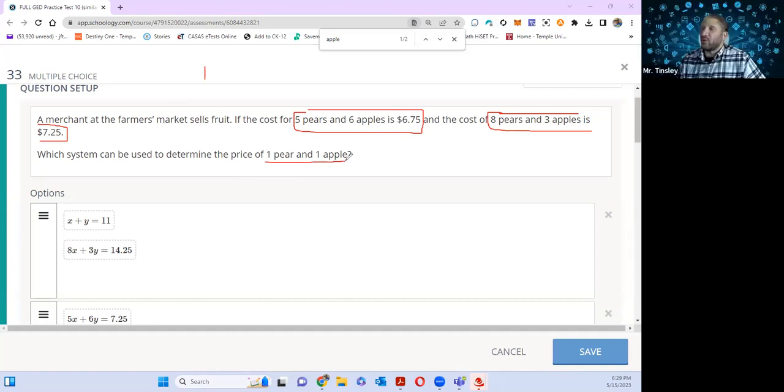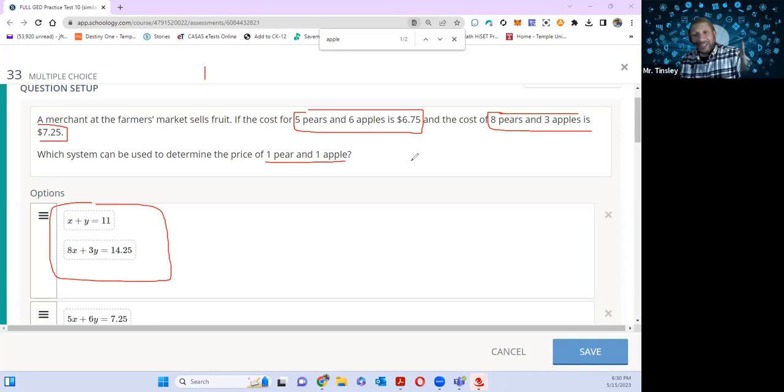Okay. Now to solve a system of equations, you need to make two equations. So can this be A: X plus Y equals 11 and 8X plus 3Y equals 1425? How do I know where to start? The second most important thing you must do, even though you identified your givens, is identify your variables.